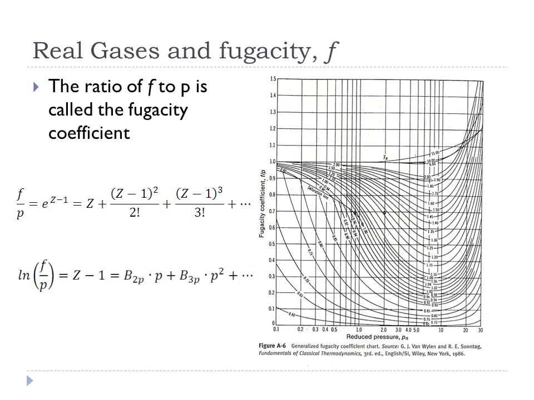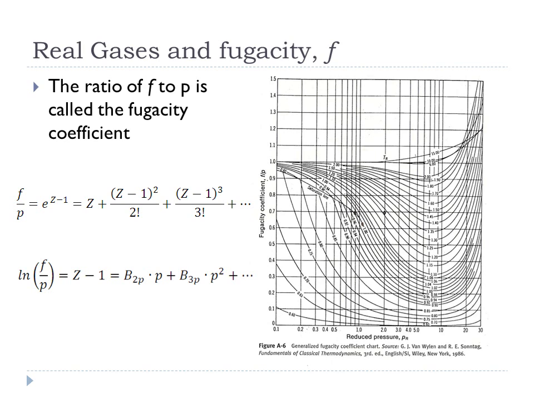So when you're at really high reduced temperatures, and a reduced temperature is the temperature divided by the critical temperature, this graph is showing you the fugacity coefficient as a function of the reduced pressure, P over P critical, and each line on the graph corresponds to a different reduced temperature.